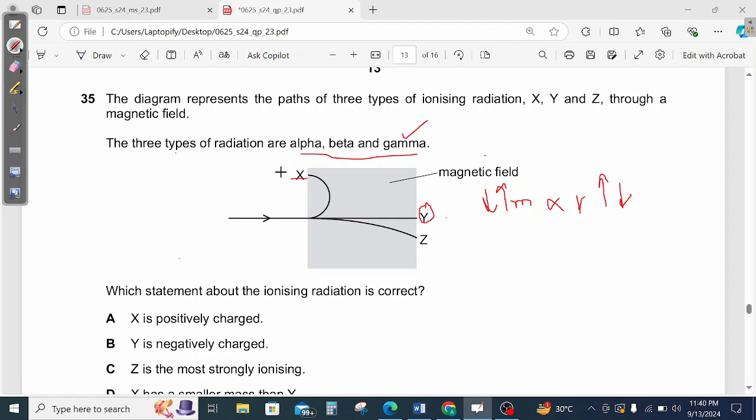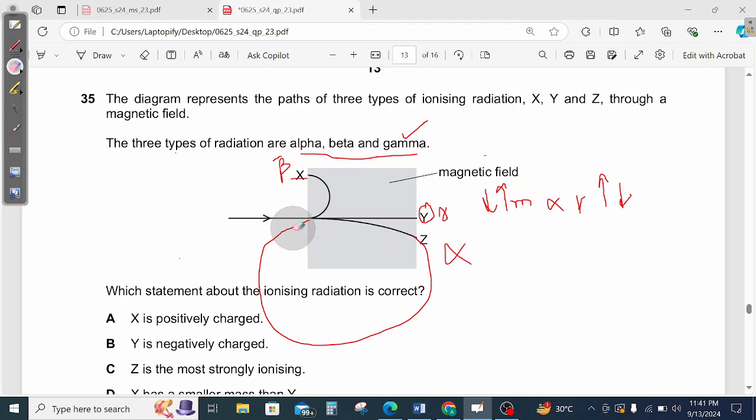That is why these are the beta particles. It has negative charge. If you look on the Z, it is deflected less. It will make a large circle here. So this shows that Z is the alpha radiation.